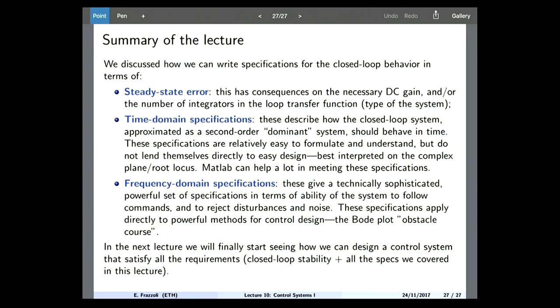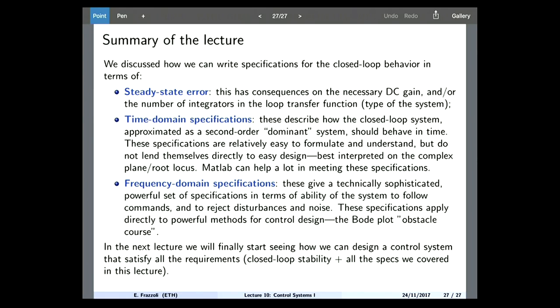But the time domain specifications are typically more for the naive. The pros really think in terms of frequency domain specifications. Frequency domain specification means that I want to have a small error, not only at frequency 0, not only at steady state, but maybe up to a certain frequency range.